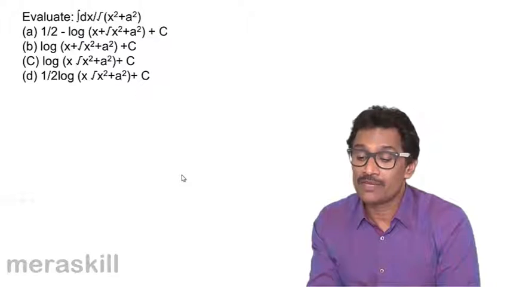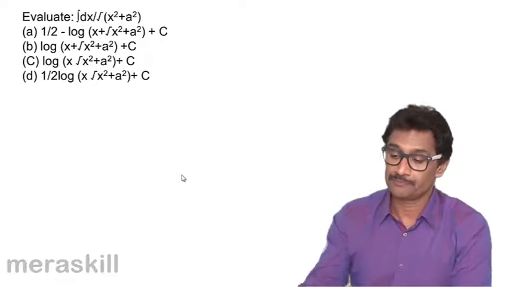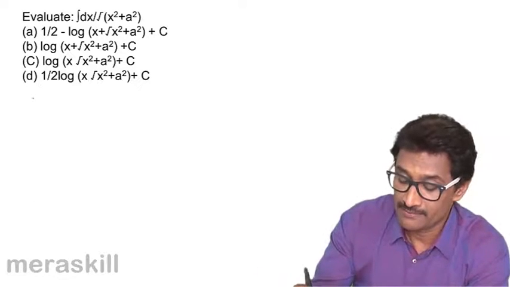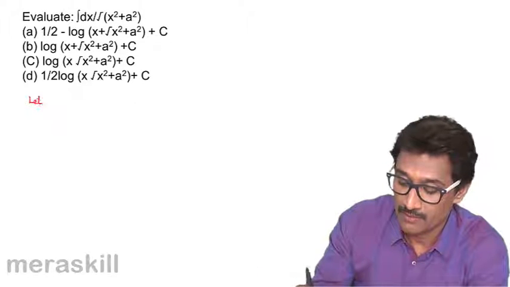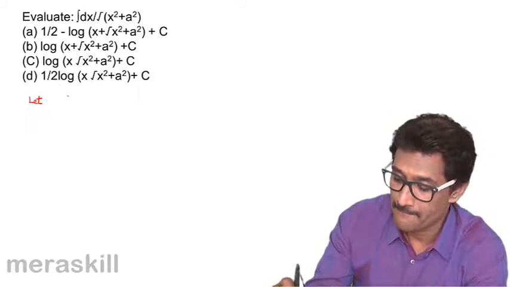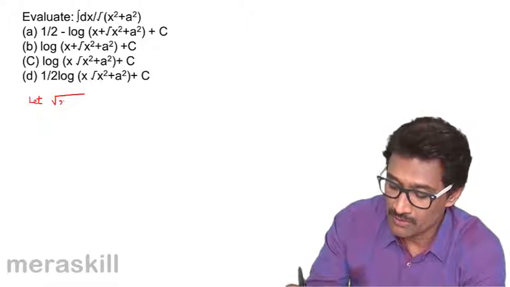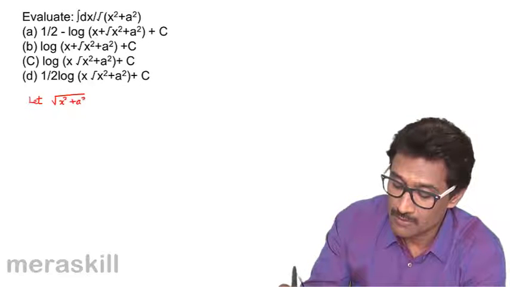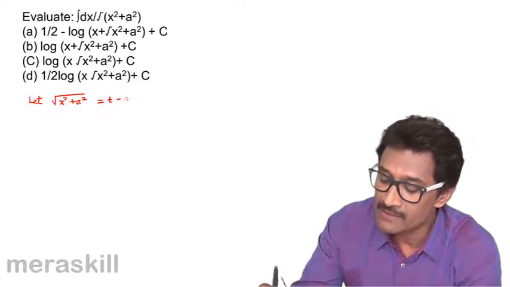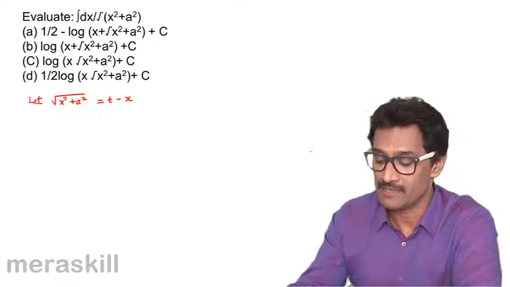Now here you are being asked to evaluate the integral of dx upon root of (x square plus a square). How can we do that? So we can, again, take, in this case, root of x square plus a square as t minus x, for convenience sake.